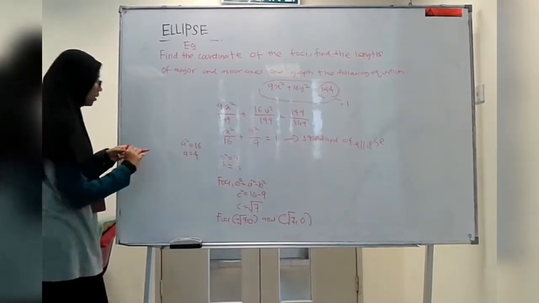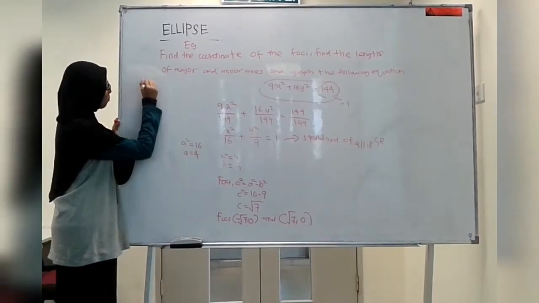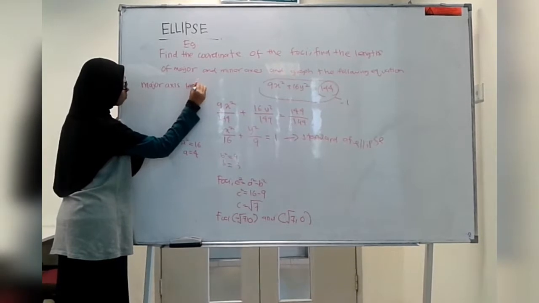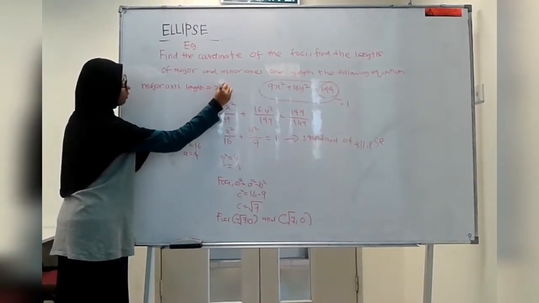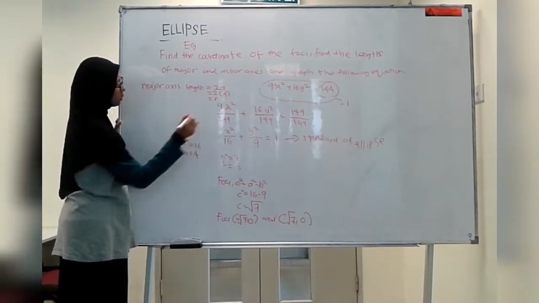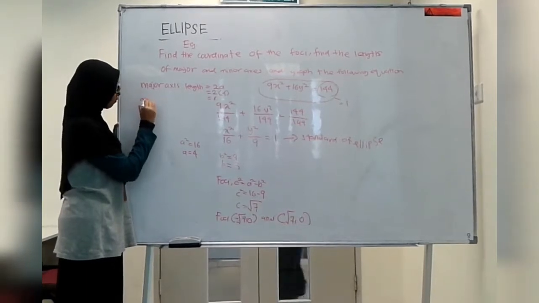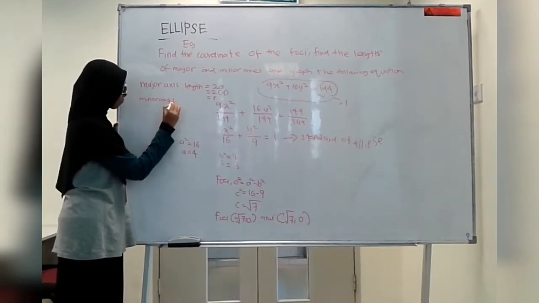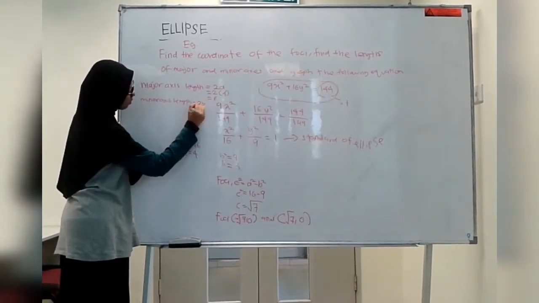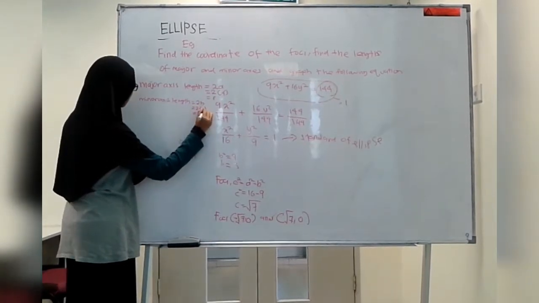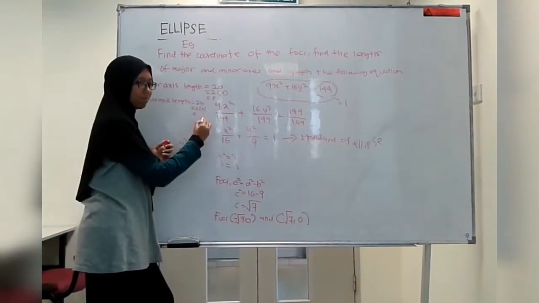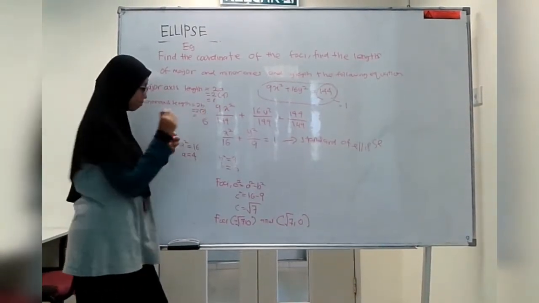To find the major axis length, it equals 2a, and we plug in a as 4, and it equals 8. And then the minor axis length equals 2b, which is 2 times 3, which is 6.